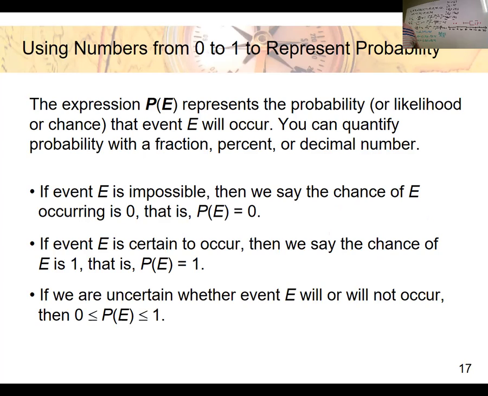And you can quantify probability with either a fraction or percent or a decimal number. Okay. Now here's some things you need to know about probability. One of them will be an impossible event. That's where the probability of event E is equal to 0.